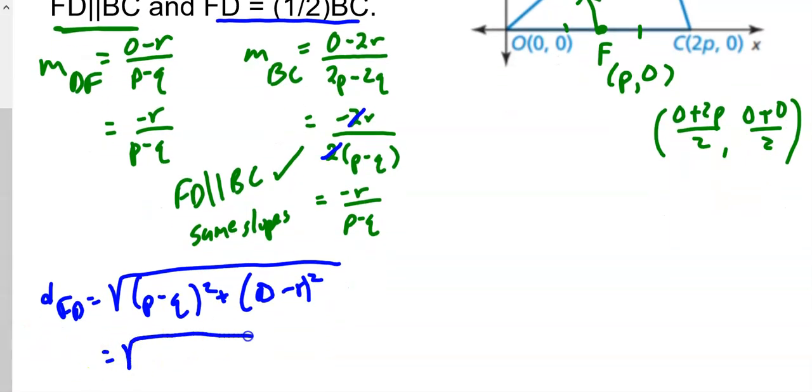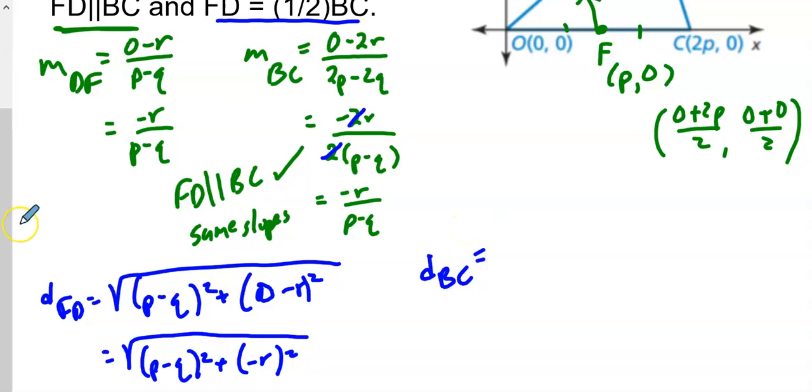And that doesn't really simplify a whole lot. P minus Q, we don't actually need to go through the process of foiling that out. We can just simply simplify the 0 minus r to negative r. We can leave it right there. If we need to come back and simplify it more, we absolutely can do that. But let's start finding the distance of BC and see if we need to go any further there.